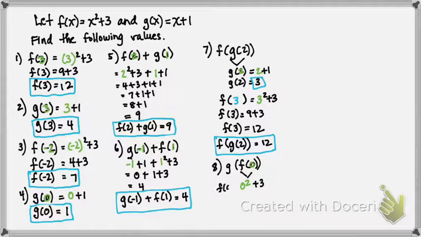So this is our function at 0. So we get the function f at 0 is equal to 3. So then I'm going to take that output value, and now it becomes the input value for function g.